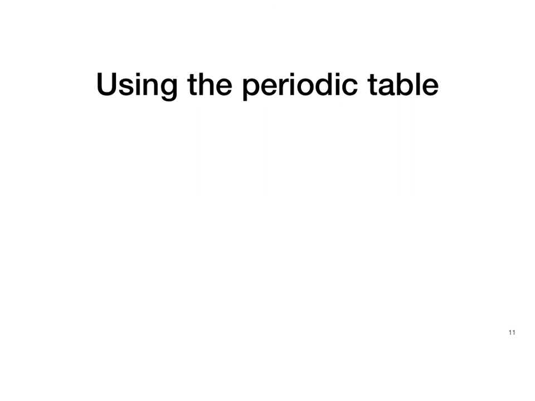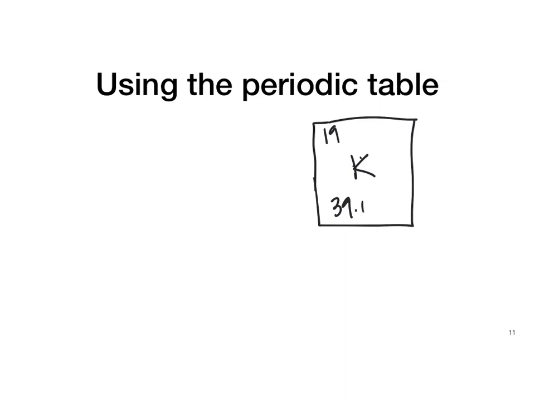So what do we need to know about the periodic table? Most of the time in Gen Chem, we're going to use it to calculate the mass, and we're going to use it to calculate the number of protons, neutrons, and electrons.